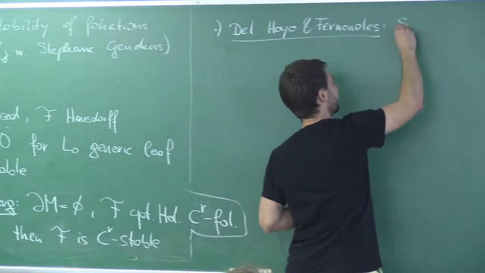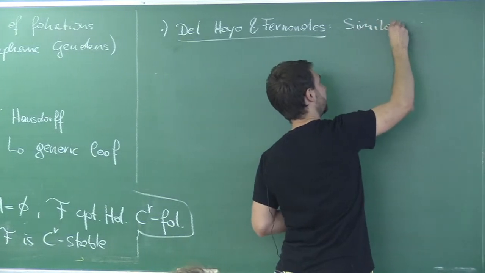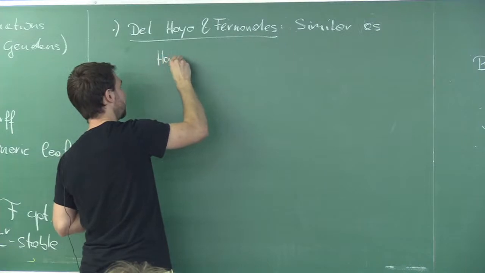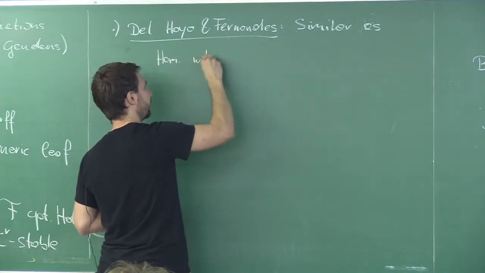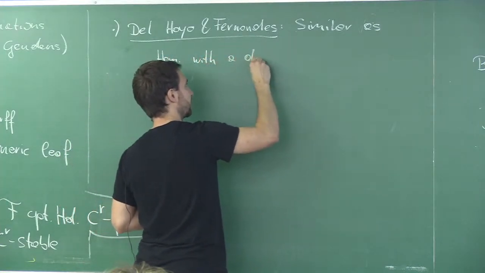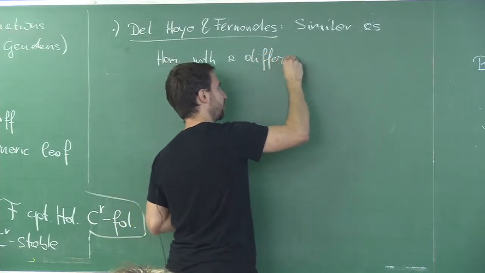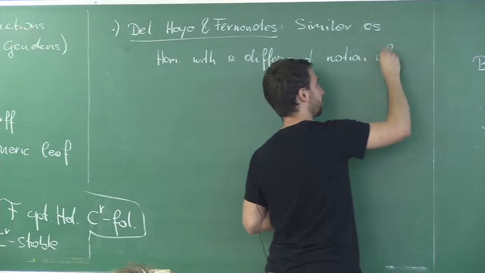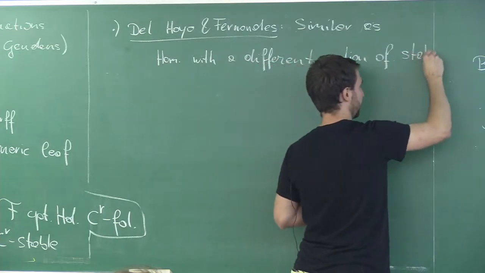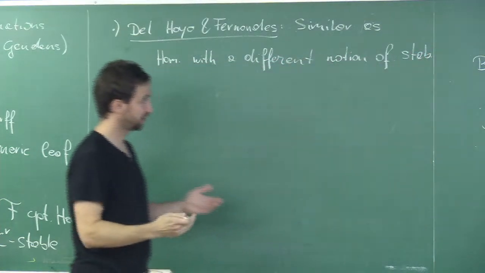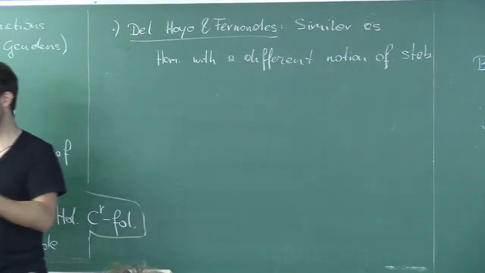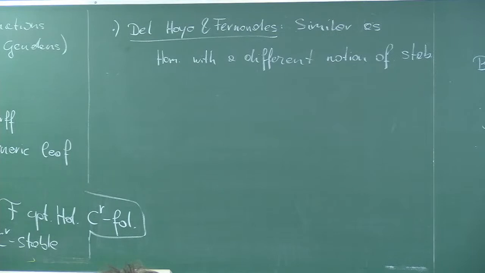So maybe let me just write similar as Hamilton, with a different notion of stability. In their case, they don't consider stability the way we define it here, but they consider only deformations of foliations which are controlled by a parameter.